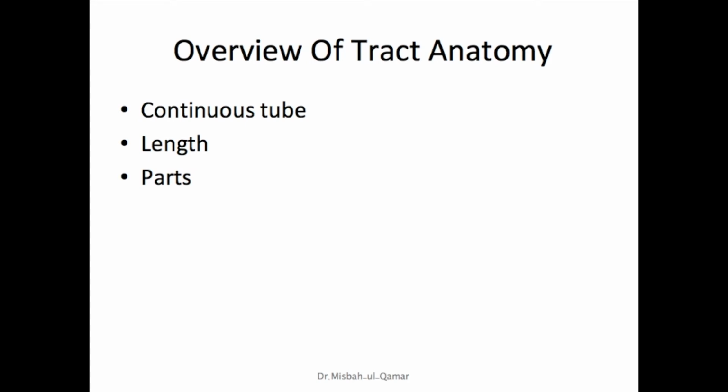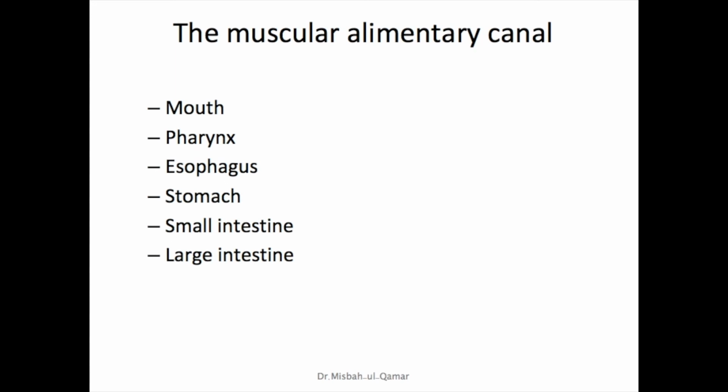Now, keep in mind that not only the digestive tract but also the accessory digestive organs make up the digestive system. The muscular alimentary canal consists of the mouth, pharynx, esophagus, stomach, and small and large intestine.